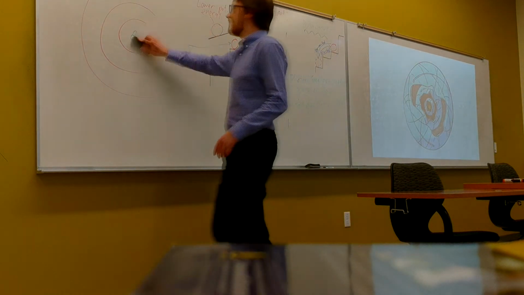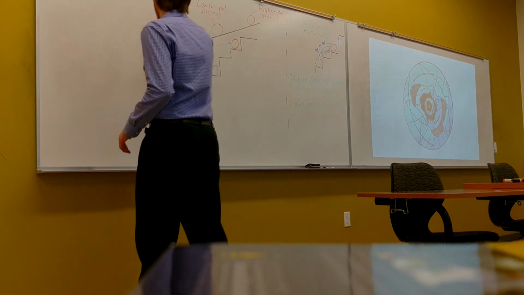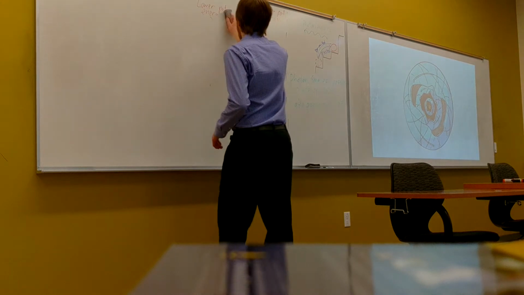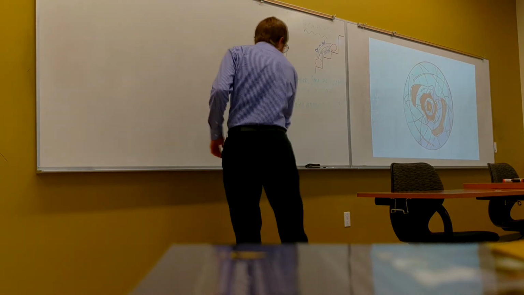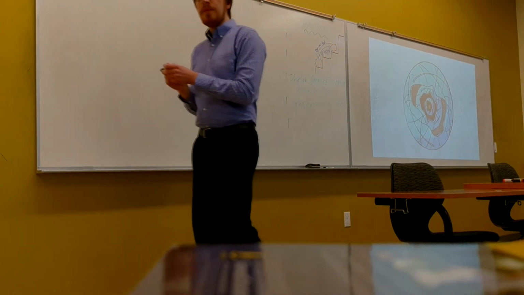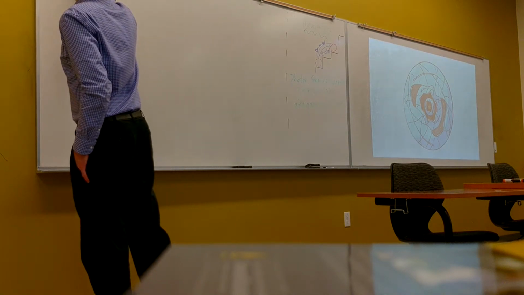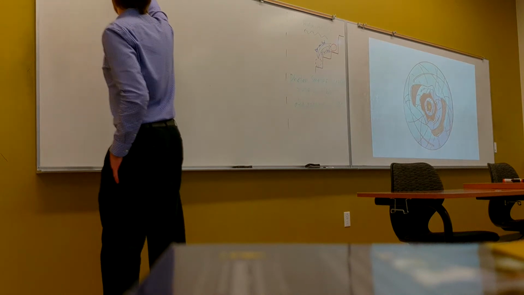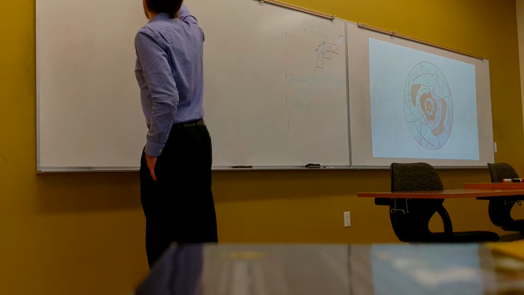So generally, the energy of an emitted photon is equal to the energy level difference through which the electron fell. So photon energy is equal to energy level difference.